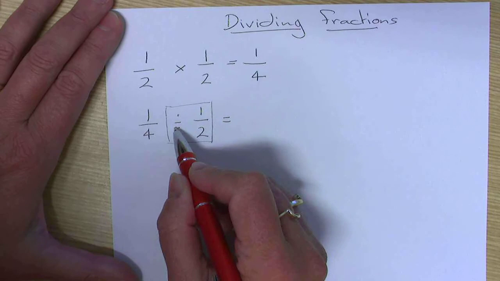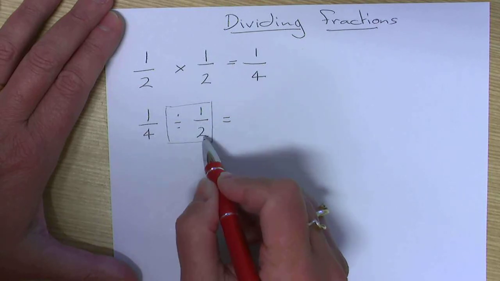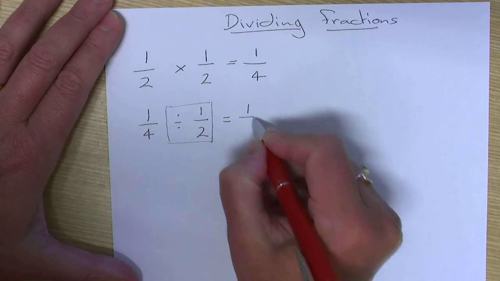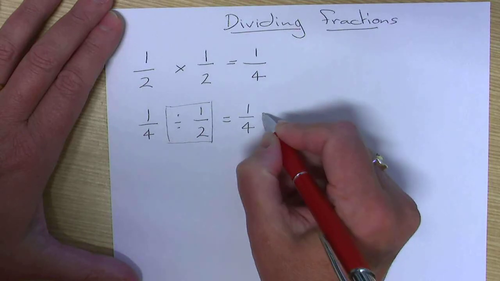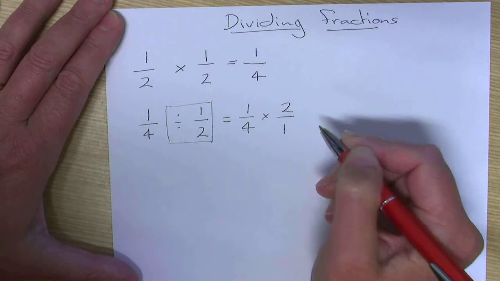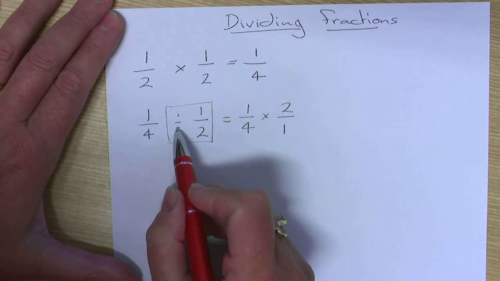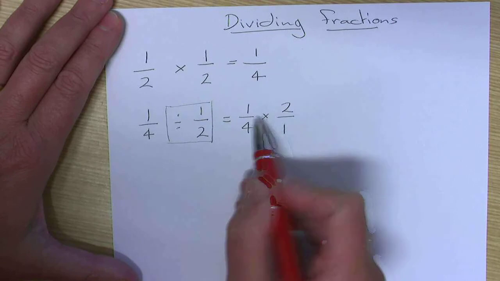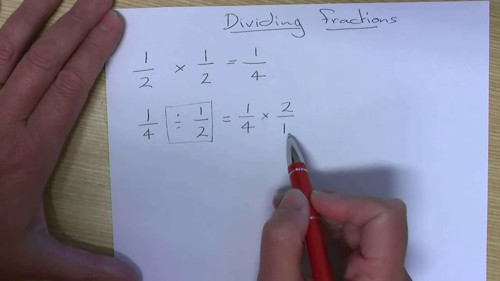So instead of dividing by a half, we're going to multiply by 2 over 1. So I will write this out as a quarter times 2 over 1. So the divide becomes a times, and the half becomes 2 over 1.